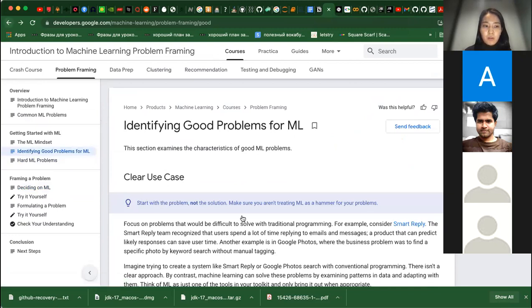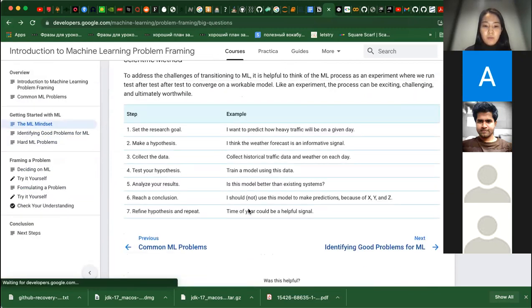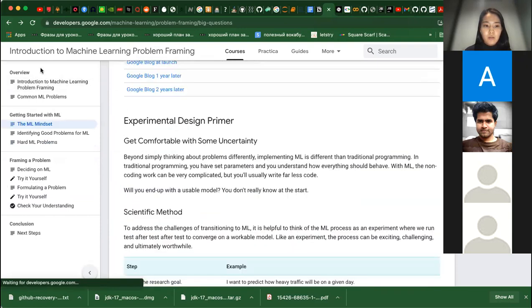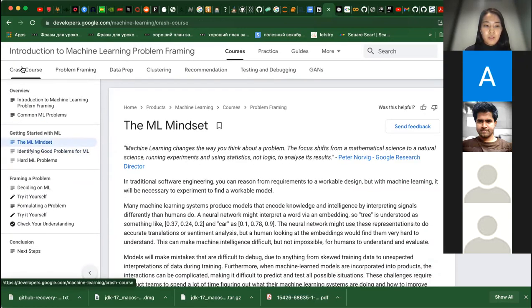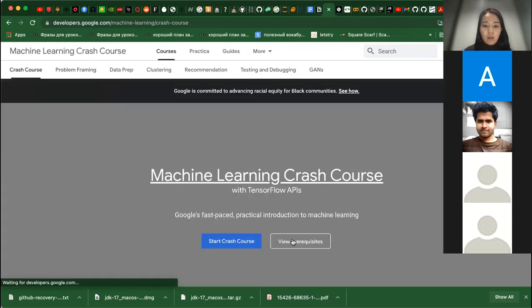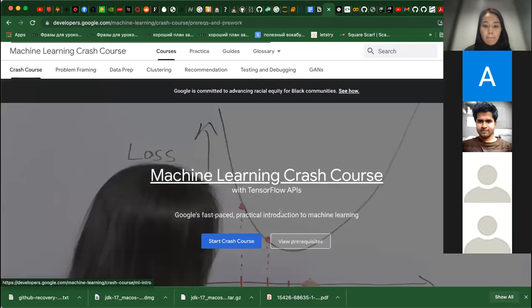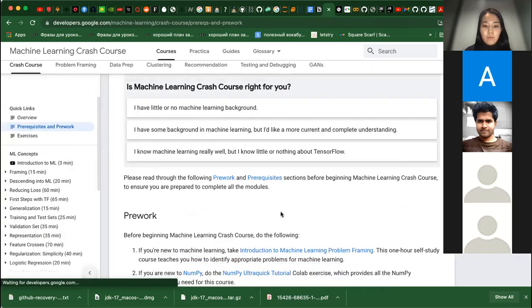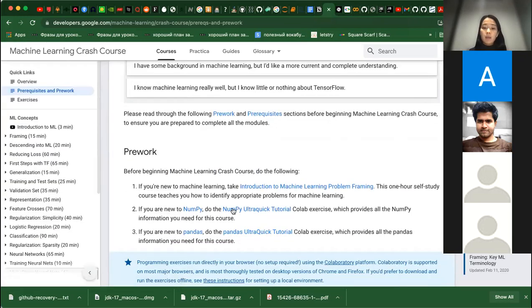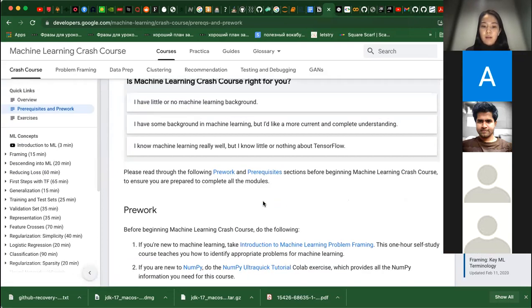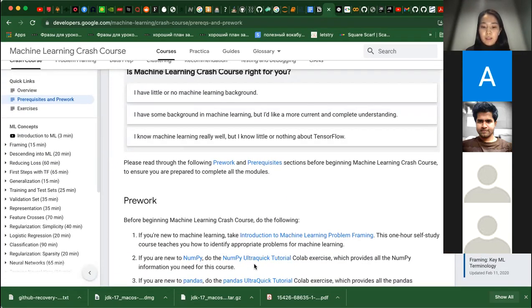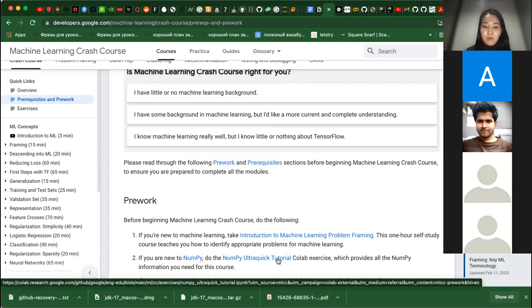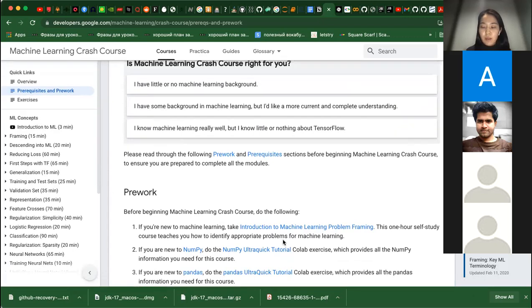Maybe you've heard about them. So next Friday, we will tackle the NumPy tutorial, and then the following week, we will do the Pandas tutorial.